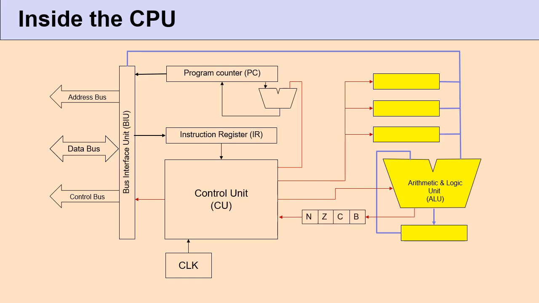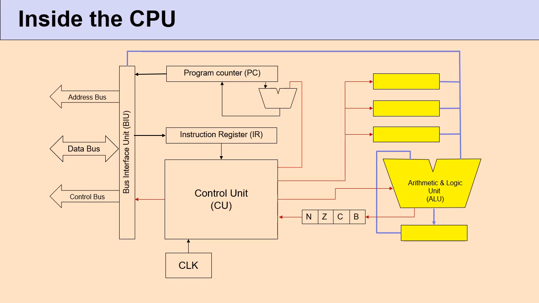Then the flag register of the ALU is also here. In this case, it has 4 flags. One is called the N flag, the other the Z flag, the other the C flag, and the other the B flag. In this context, the N flag refers to a negative result.